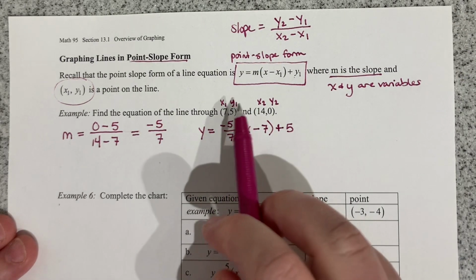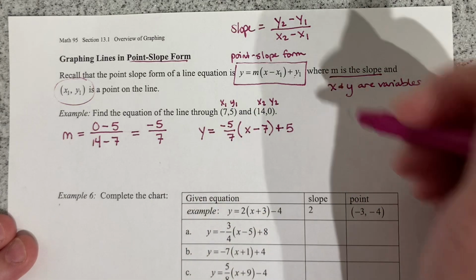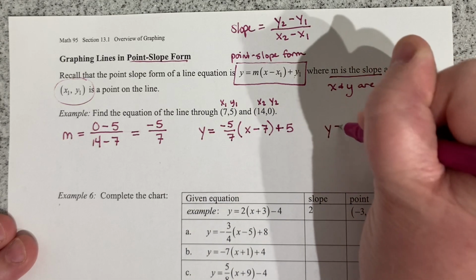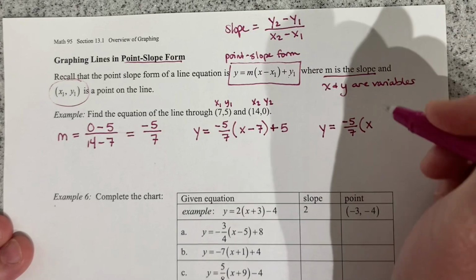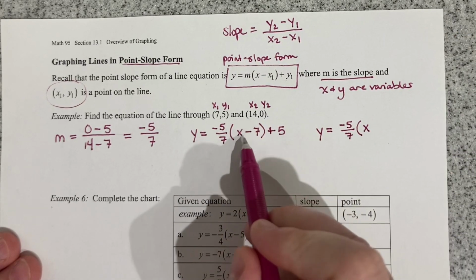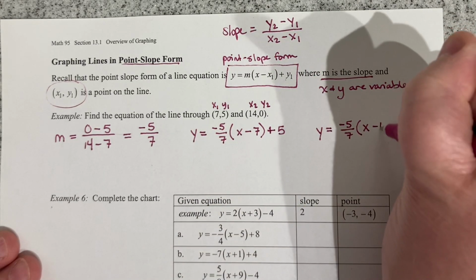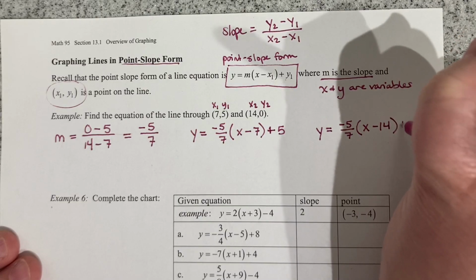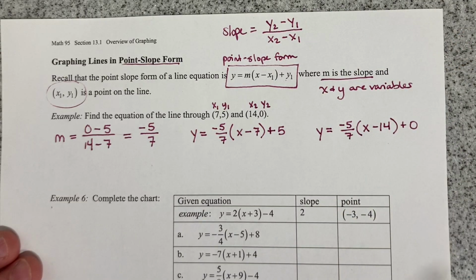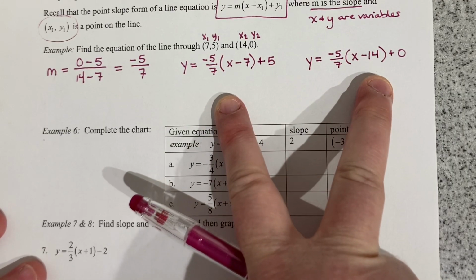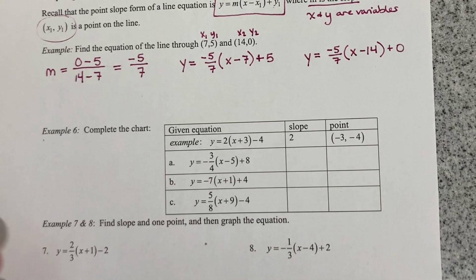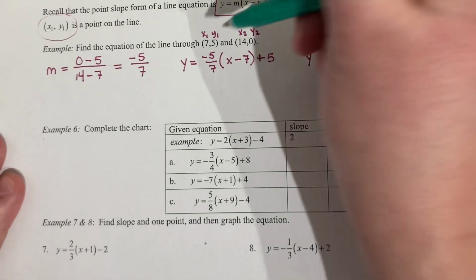Now, it actually didn't matter which x and y we pick. The same equation works if we use the other point, x minus 14, and then plus 0. So these are the same line, but the way to check is to get it in y equals mx plus b. So let's actually do that.